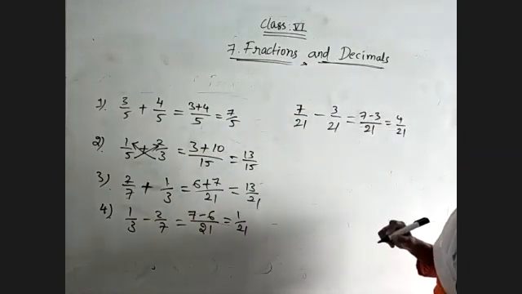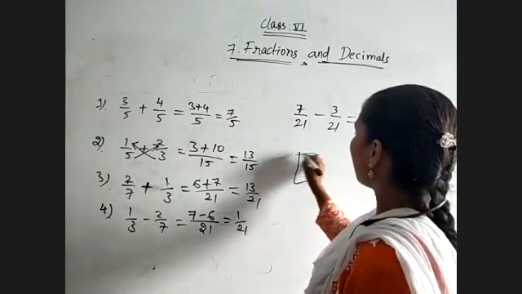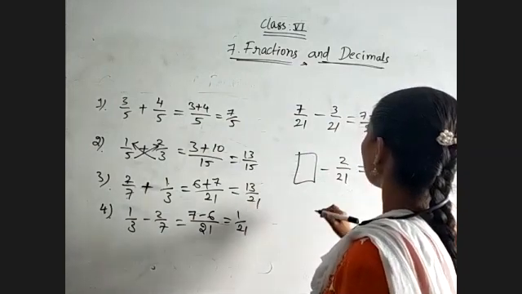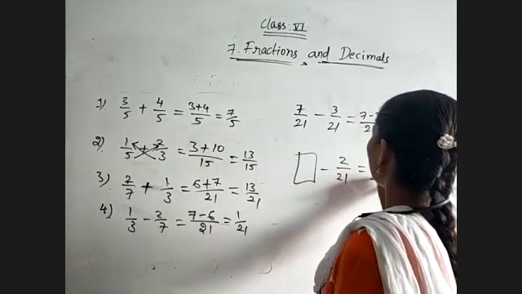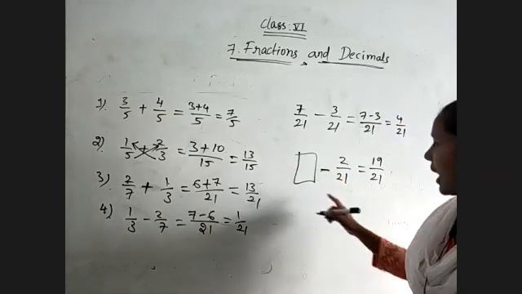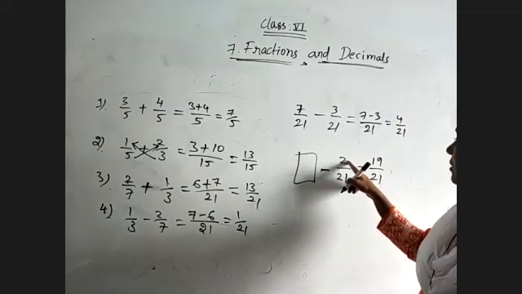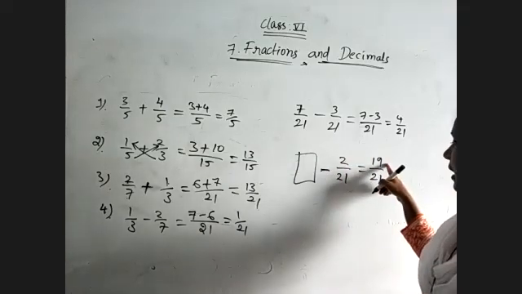That's all. So first suppose I have something minus 2 by 21 is equal to 19 by 21. I had like this. See here subtraction operation is this. And observe these two fractions like fractions only. If you are subtracting 2 from that number, we must get 19.